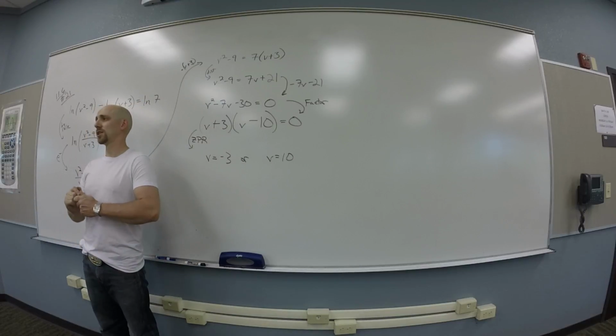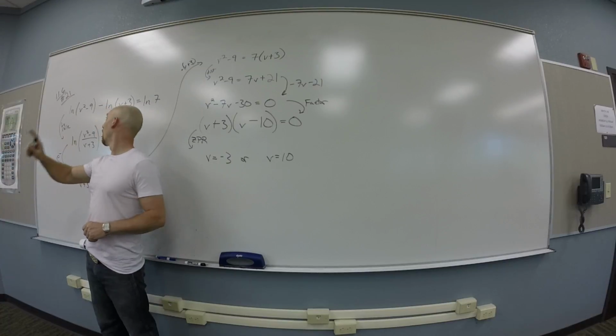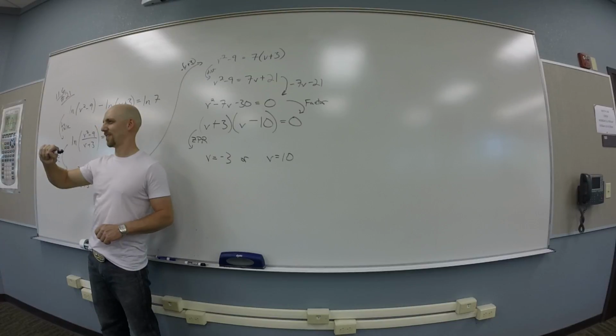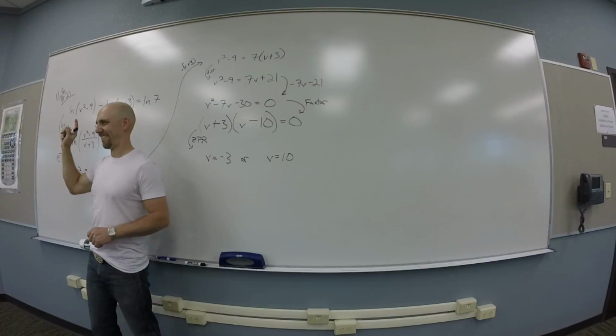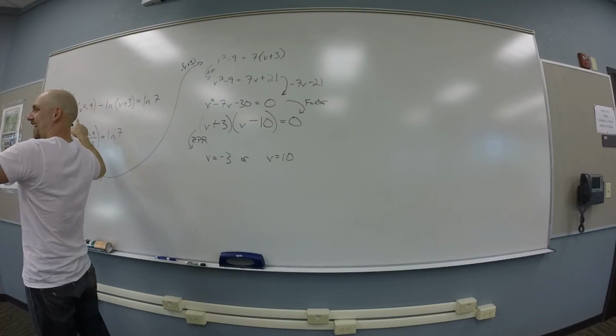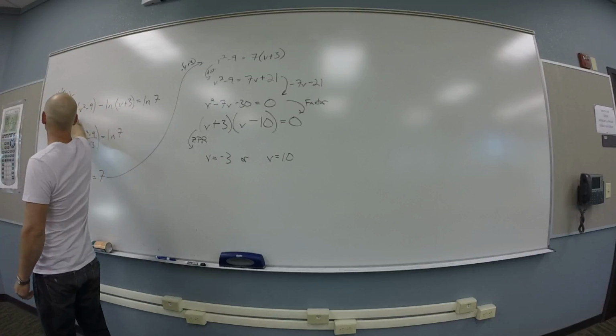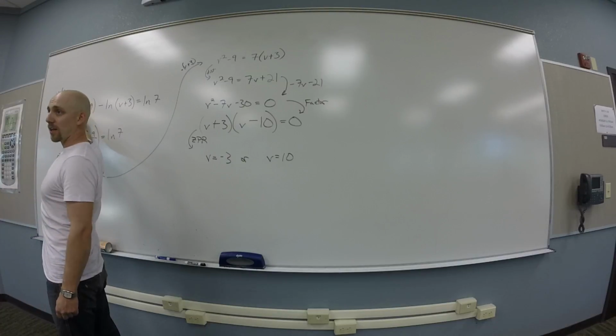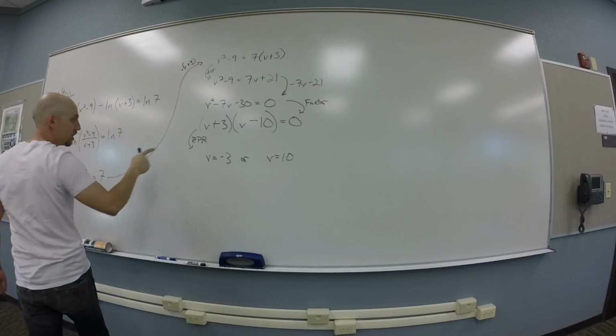Why do I have to check these? Just to make sure it works. Just to make sure that it's not zero or negative, because you solve for B, so for the B inside the parentheses of the natural log. The natural log doesn't know what to do with zero or negative things. So I should check.